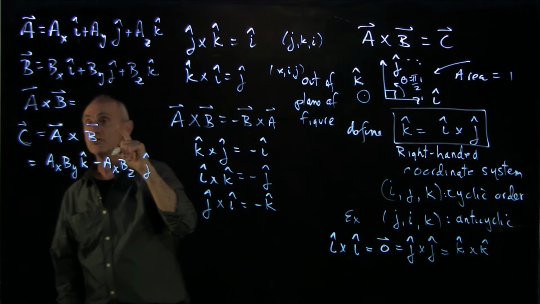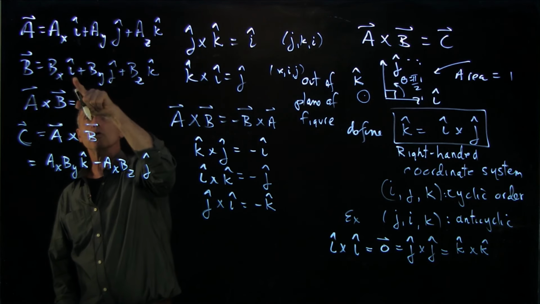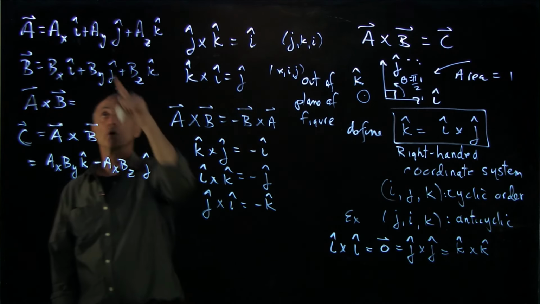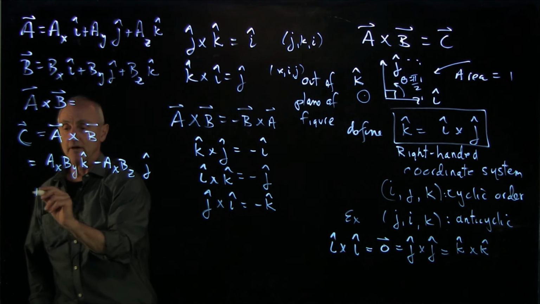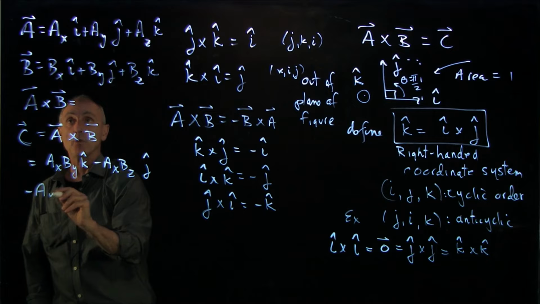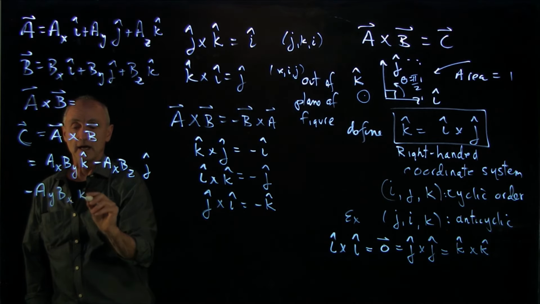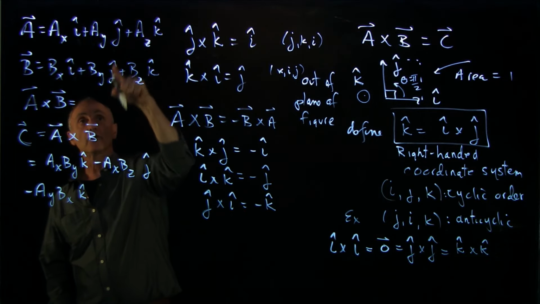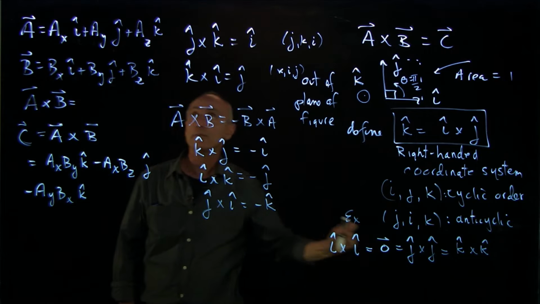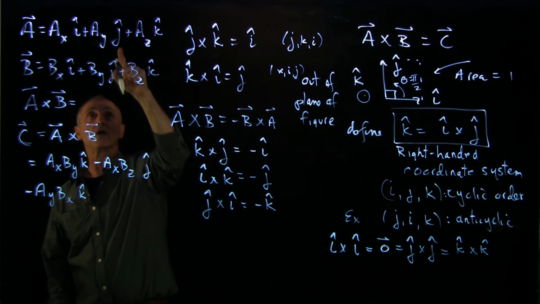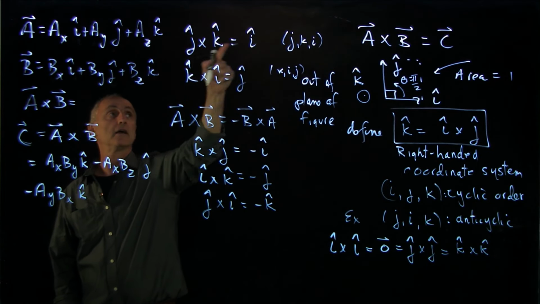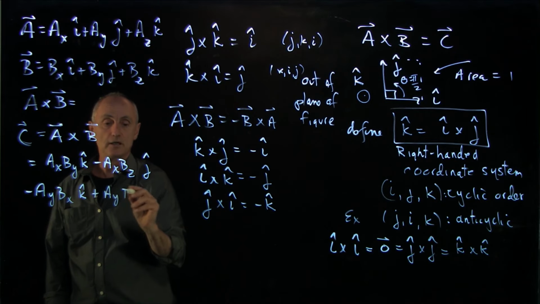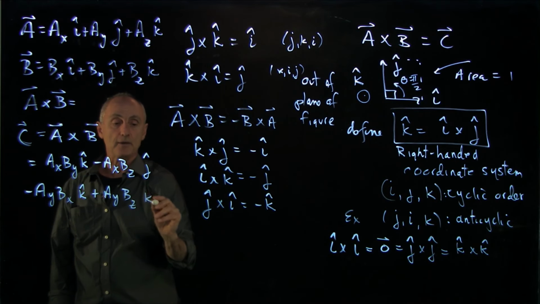And now let's just continue this process. j hat cross i hat, that's anticyclic. So we have minus ay bx k hat. j hat cross j hat, that's 0. So we have no contribution there. And j hat cross k hat, that is cyclic. So that's plus ay bz i hat.